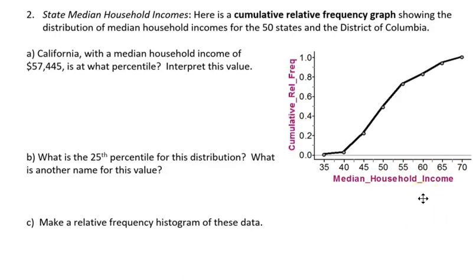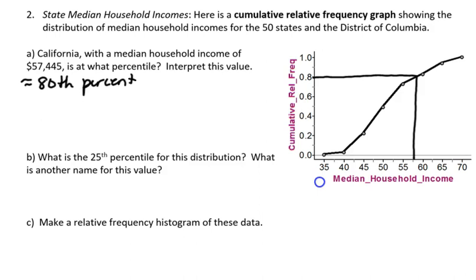So I'm going to go up to here and over to here, and we see that California's median household income is about at the 80th percentile. That's approximate. It's a little hard to read this graph exactly, but that's pretty close.